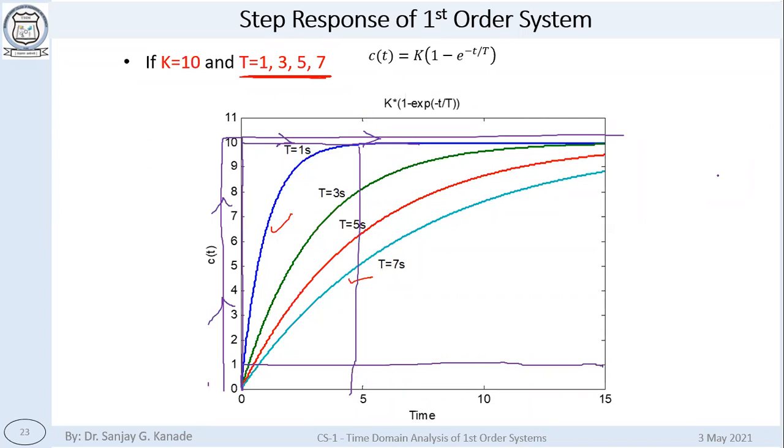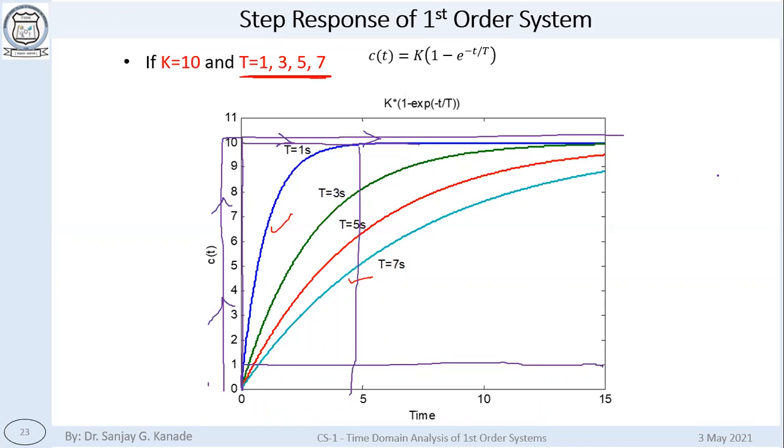So basically, when we say time constant is smaller, it means that the system takes lesser amount of time to reach its final value. So ideally, time constant should be 0. Time constant should be as small as possible. Ideally there shouldn't be any time constant, because it is going to introduce some delay in the system.